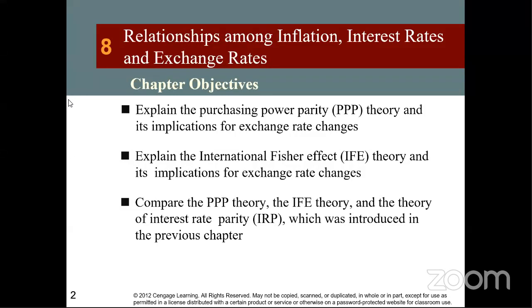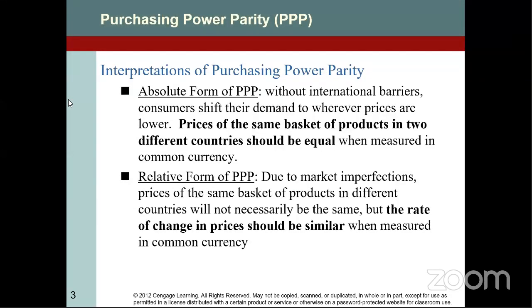We are going to discuss the purchasing power parity or triple P theory and its implication for exchange rates. And also the Fisher effect theory and its implication to exchange rate, and the comparison between triple P, Fisher effect, and interest rate theory. Now, what is triple P? Triple P stands.